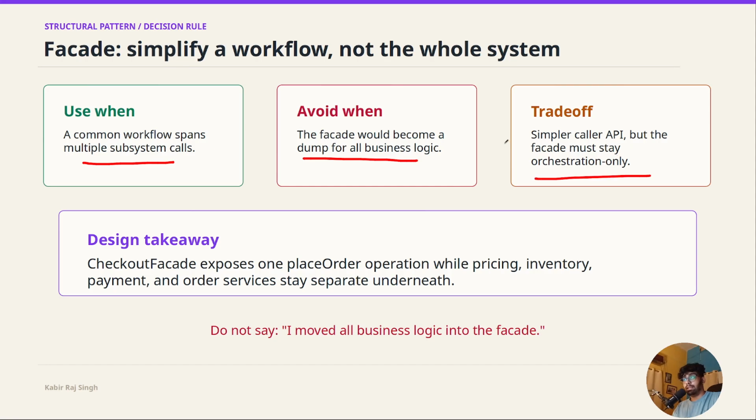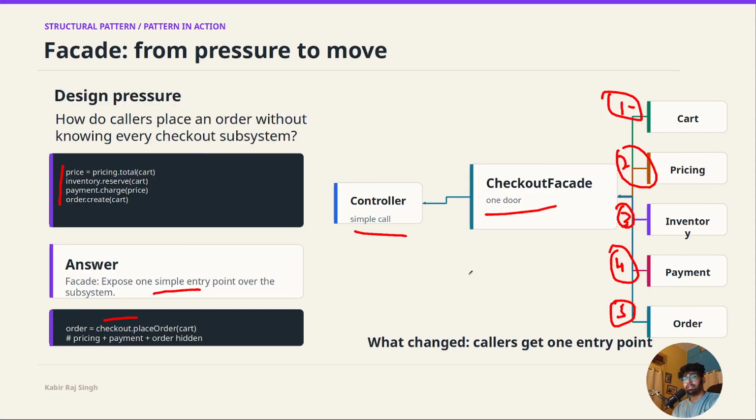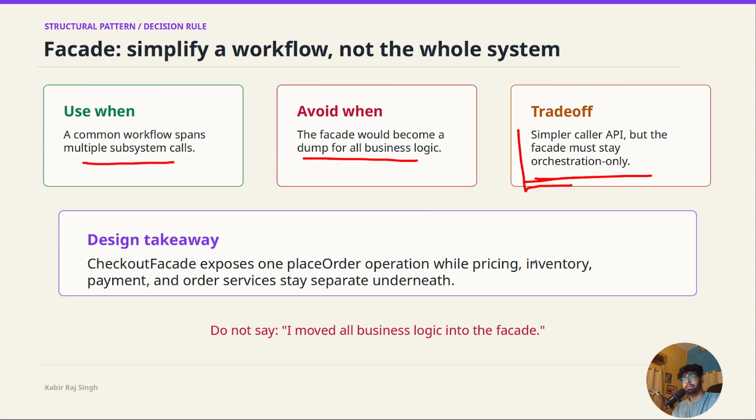Again, this is the trade-off: it must only be orchestration and not actually become a god class. The practical takeaway is that this checkout facade exposes one place order operation, and the pricing, inventory, payment, and other services stay separate underneath.